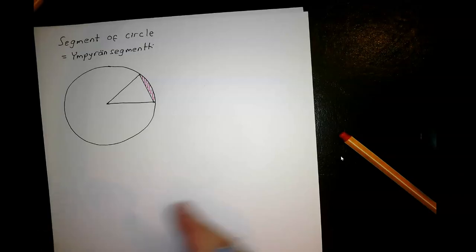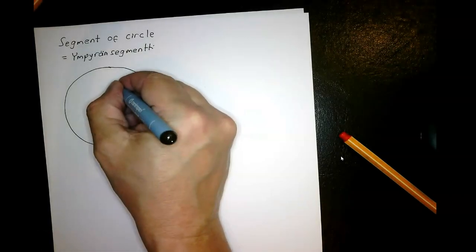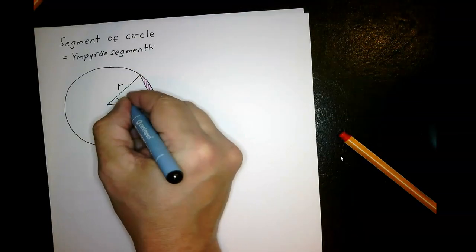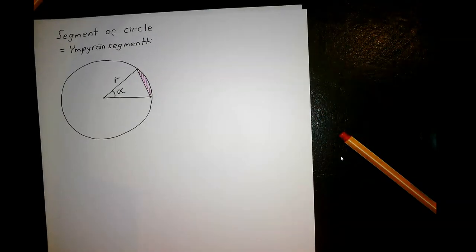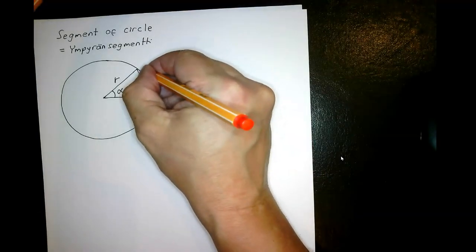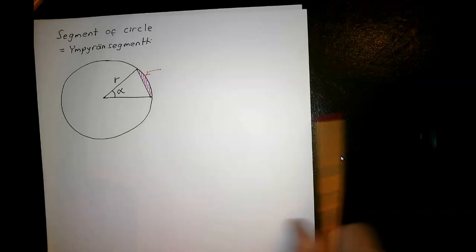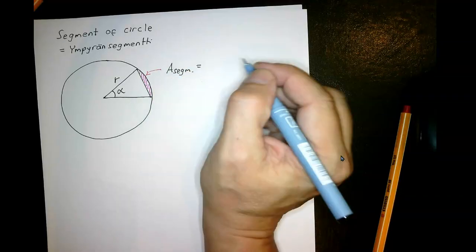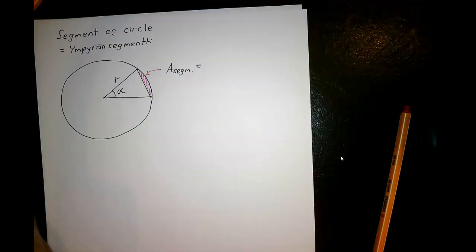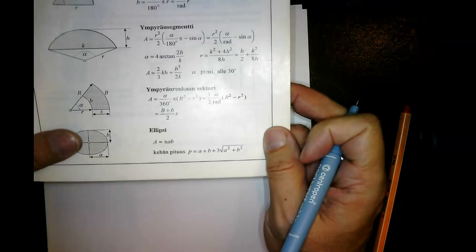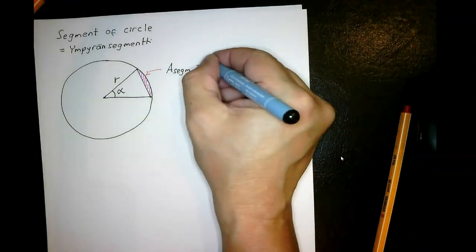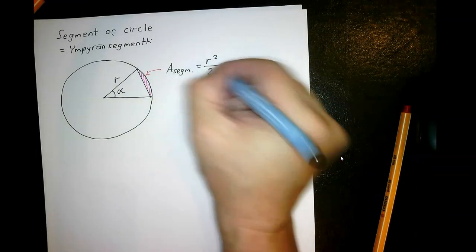And if we have here r the radius, and here we have alpha, so the area of that segment, let's use this formula written in this book, r squared divided by 2.